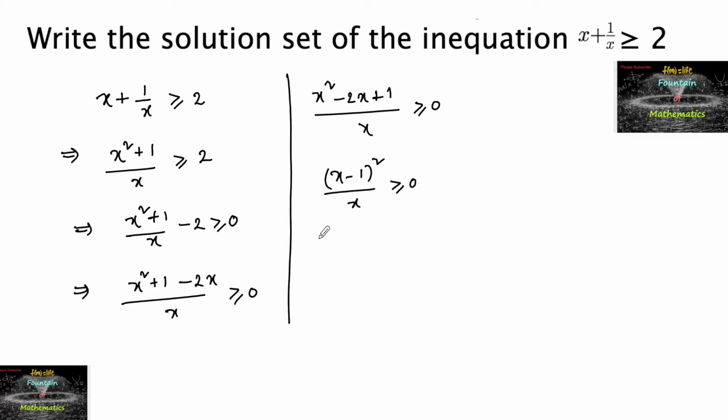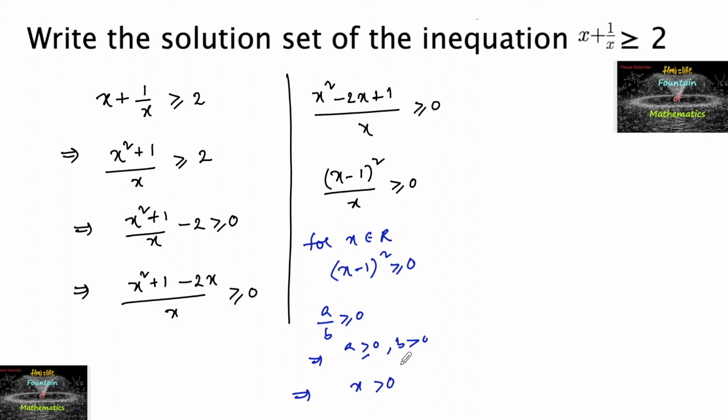So clearly for any x belongs to R, x minus 1 whole square is always greater than or equal to 0, and since the numerator is non-negative and a upon b is greater than or equal to 0, b must be positive, then only the inequality will be satisfied. So the denominator x must be greater than 0 and x should not be equal to 0 since it is in the denominator.